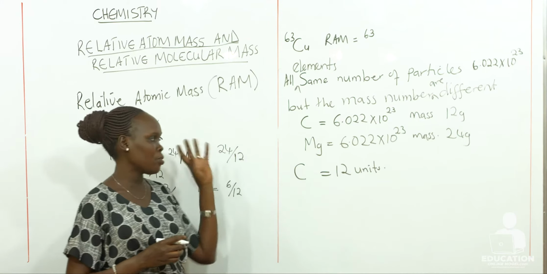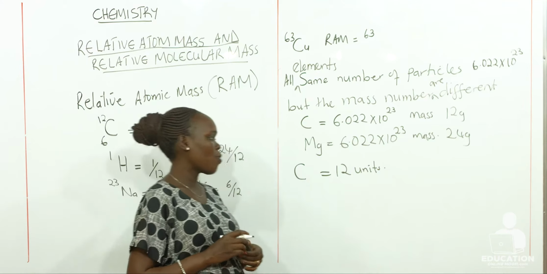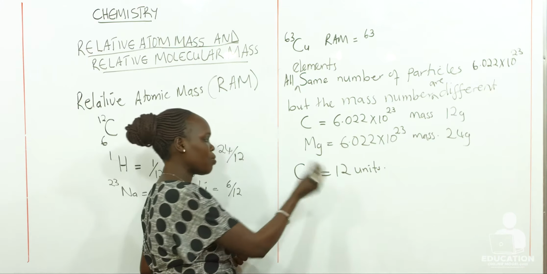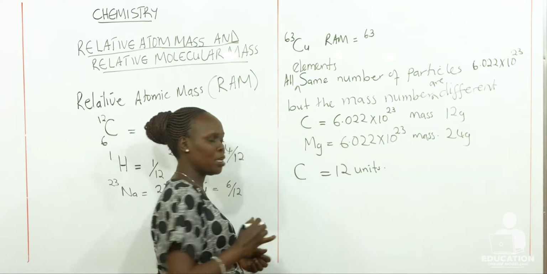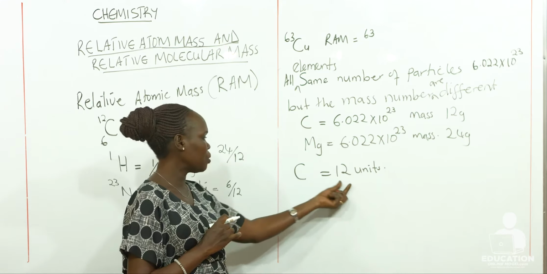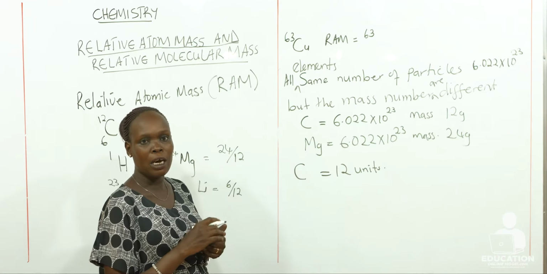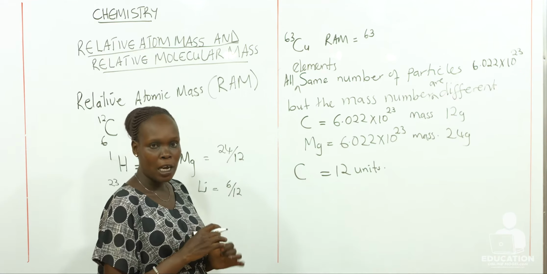It means it has 12 parts or 12 units forming the mass number of carbon. So if we take one out, we shall remain with 11 units of carbon. If we take 2 out, we shall remain with 10 units of carbon.